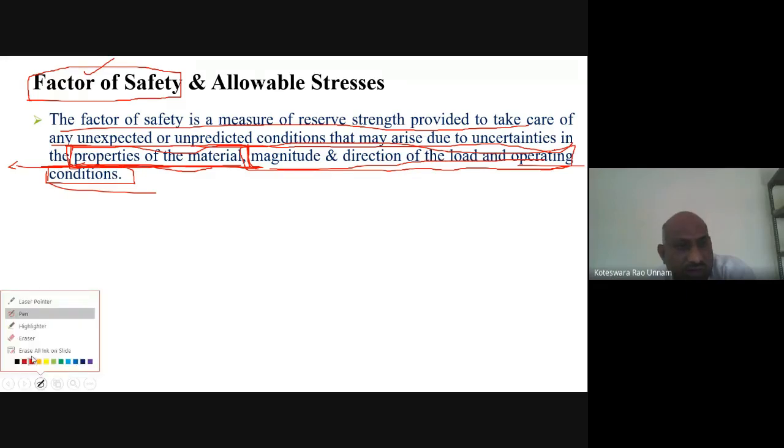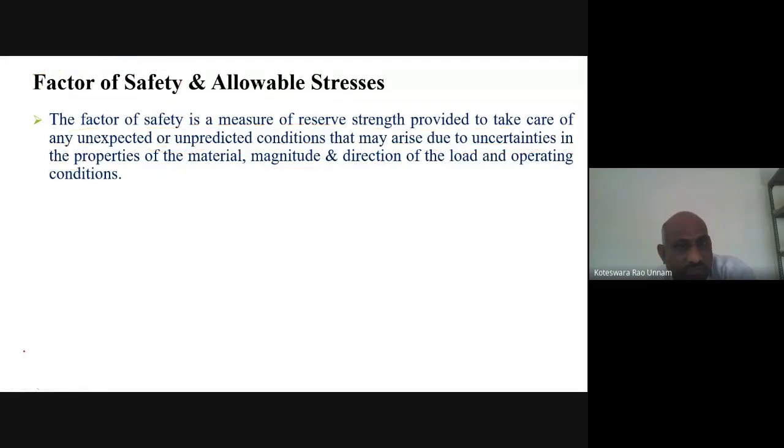Now, on what factors does this factor of safety depend? Like we already mentioned, this reserve strength is provided to take care of uncertainties or unexpected operating conditions.